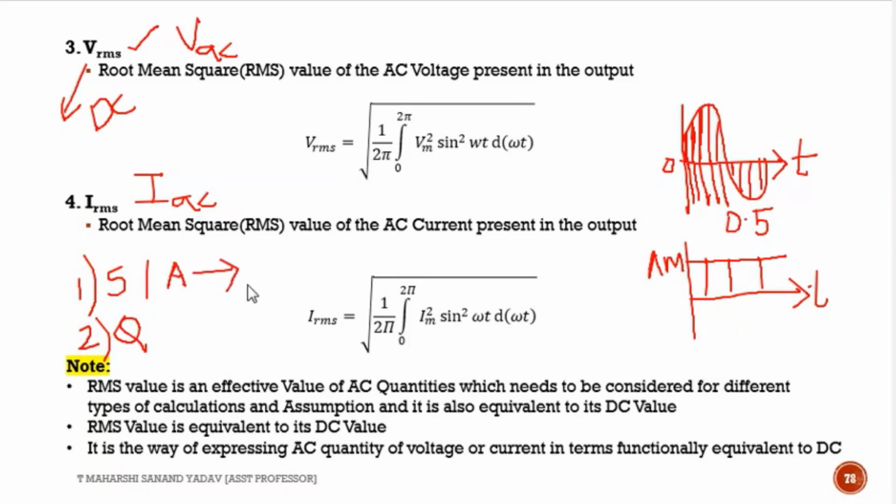And sampling is done vertically or horizontally? Vertically. Good. Quantization? Horizontally. That's it. So first you need to be familiar with these terms. Once you are clear with these basics, you will understand this easily.